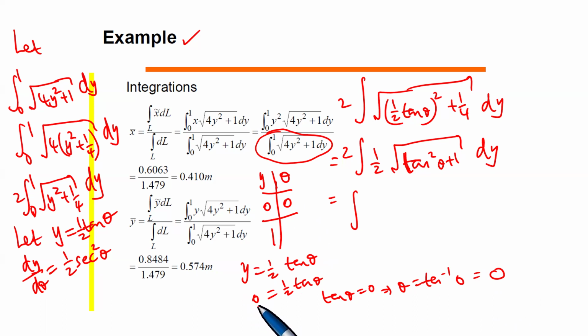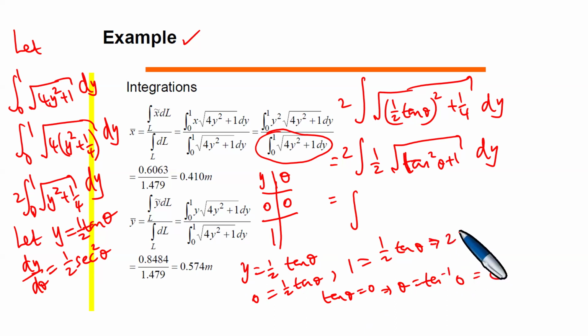Next, you have 1. If we note that y is 1 here as the limit of integration, then you put 1 in the place of y in y equals 1/2 tan theta.